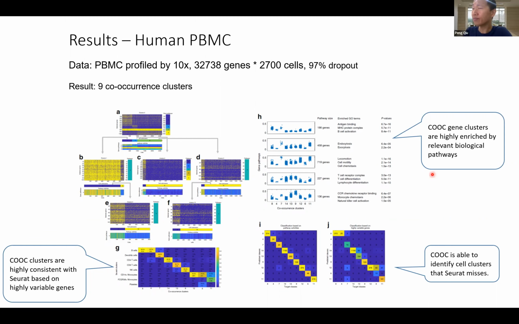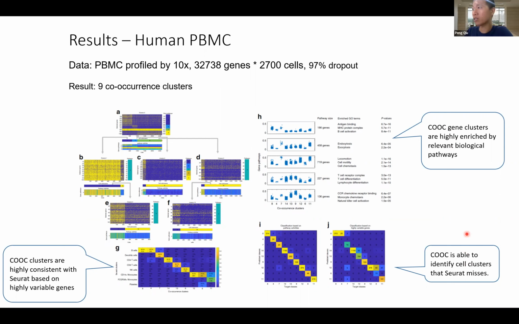Okay, so I don't want to spend time explaining these other plots, but just to say that the gene pathways or gene clusters identified by the co-occurrence process are indeed highly relevant to the underlying biology. And some of the clusters identified by co-occurrence, because we are using the binary pattern of all the genes, cannot be distinguished in SISG because it only focuses on highly variable genes.